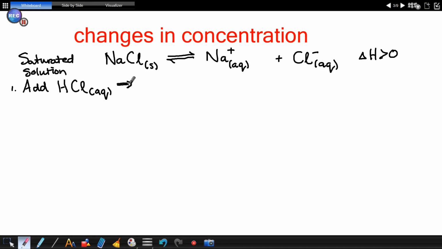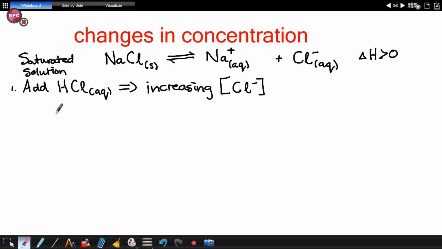So it means that you're adding chloride ions. You're increasing the concentration. Square brackets around the chloride ions mean concentration of the chloride ions.